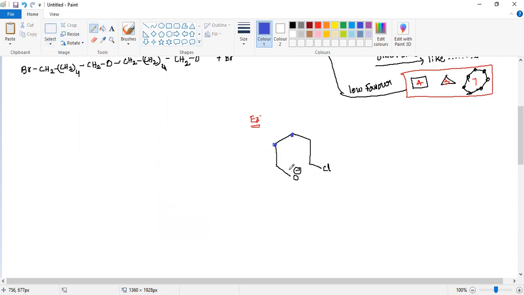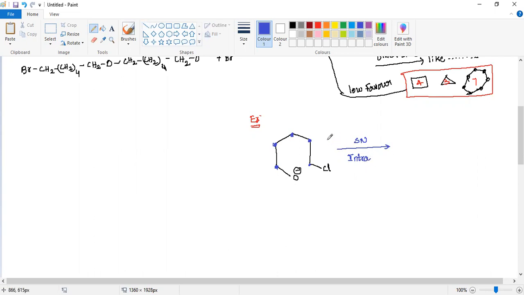So whenever this compound undergoes SN, since only one molecule is there, it undergoes intramolecular substitution.